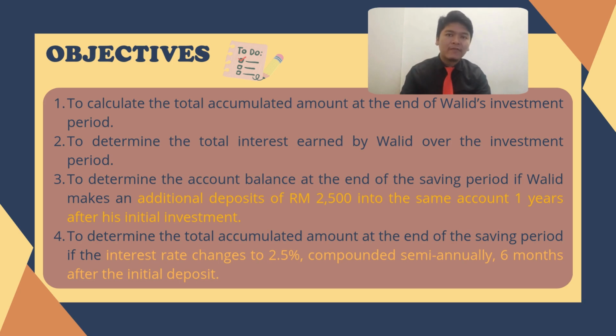For the third objective, we are to determine the account balance at the end of the saving period of Walid, if Walid makes an additional deposit of 2,500 ringgit into the same account 1 year after his initial investment. So this is a special case 1 whereby there is a new P. In the fourth objective, we are to determine the total accumulated amount at the end of the saving period if the interest rate changed to 2.5% compounded semi-annually 6 months after the initial deposit.